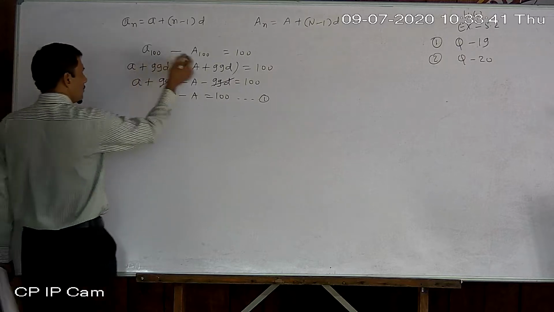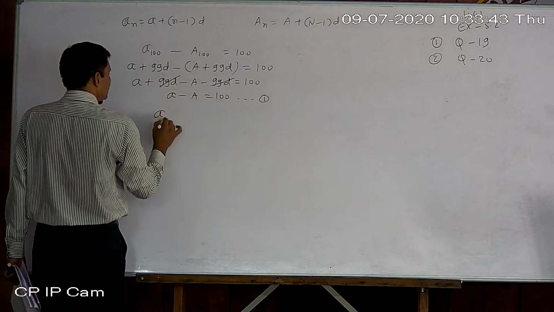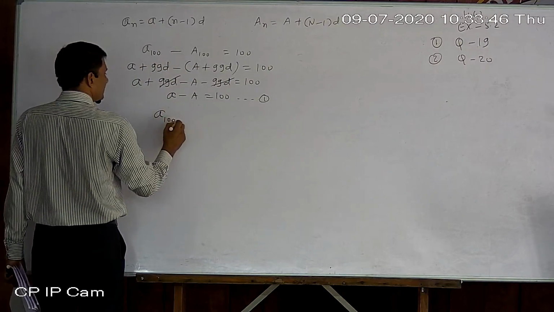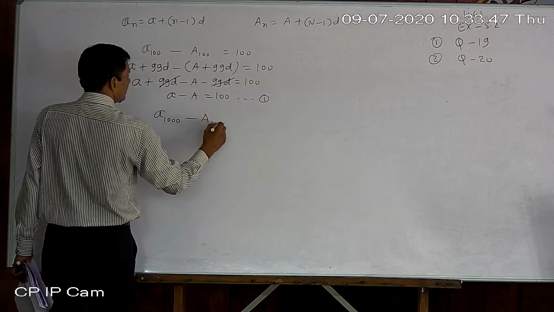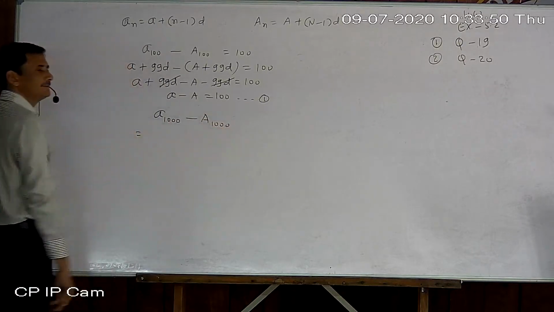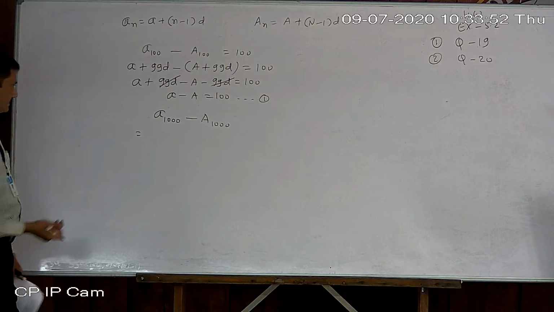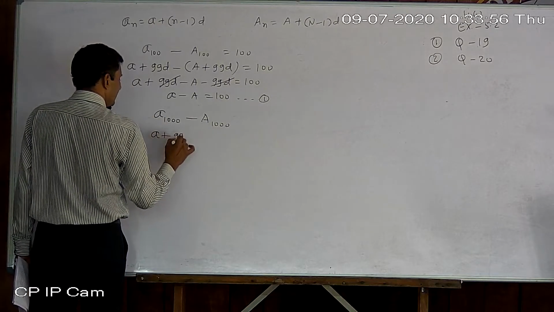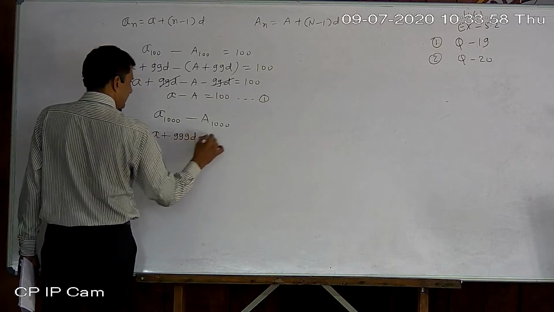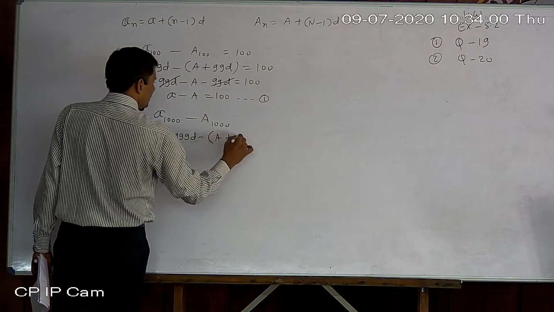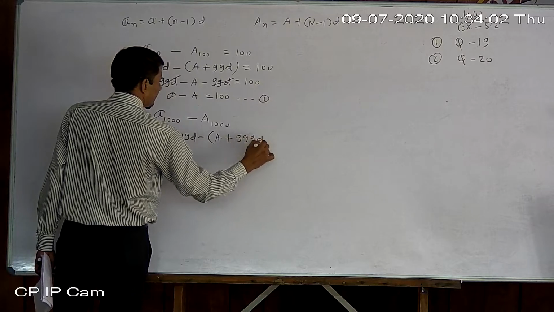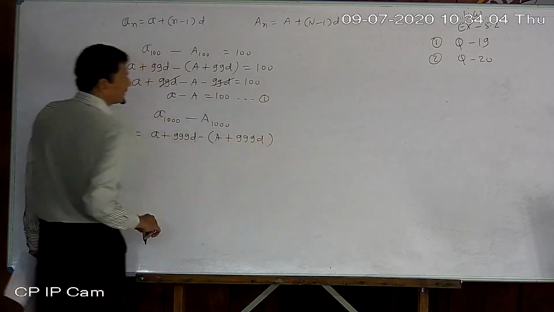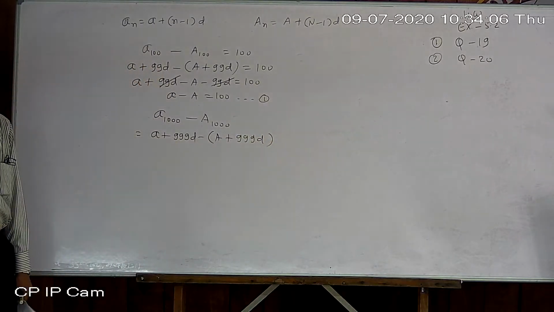Okay. So now ask whatever they are asking. Now find whatever they are asking. They ask this: the difference between the 1000th terms. So just write down a plus 999d minus A plus 999d. d remains d only, not capital D, because it is equal in both.